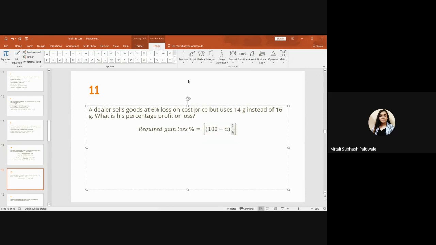What is C and what is B and everything I'll tell.